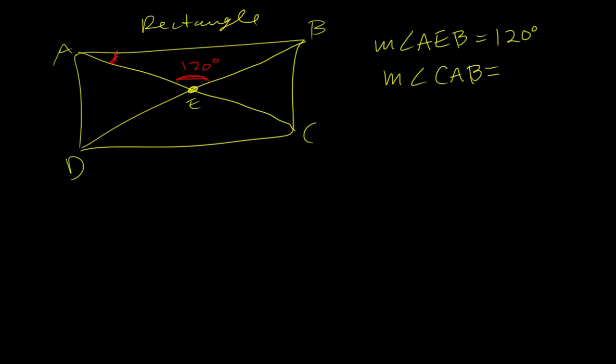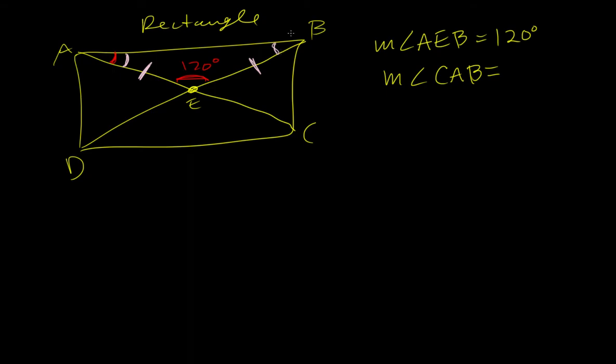Okay, what's going on here is because we know that the diagonals in a rectangle are congruent and they bisect each other, we know that this is congruent to this. And because of that, we know this is an isosceles triangle, and so we know that this angle is congruent to this angle.